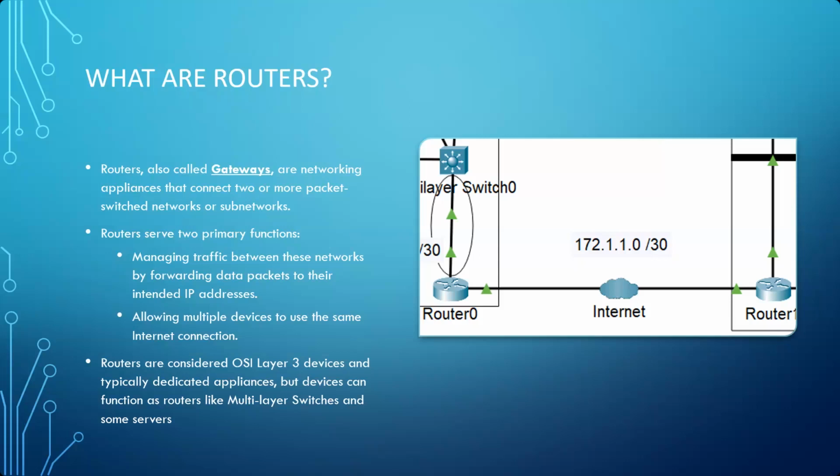I know, boring, but it has a sender address and it has the destination address or receiver address. Now, the other use or function of a router is to allow multiple devices to use the same internet connection to reach other networks.